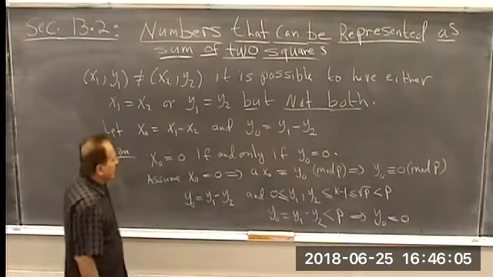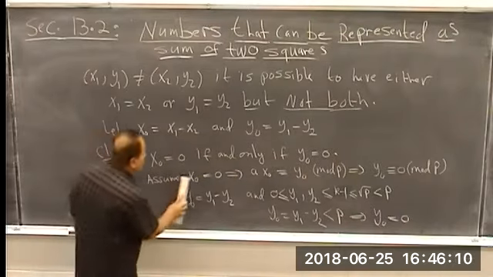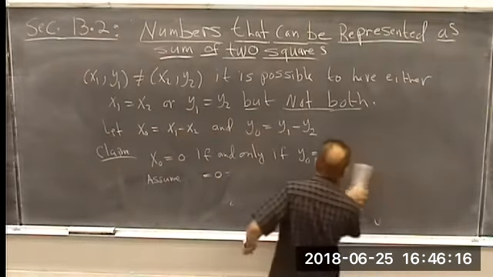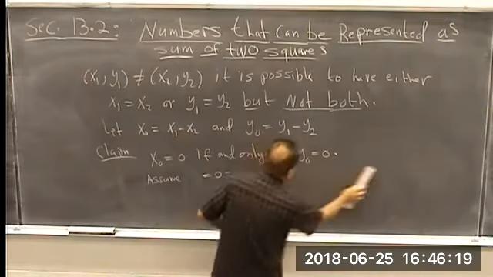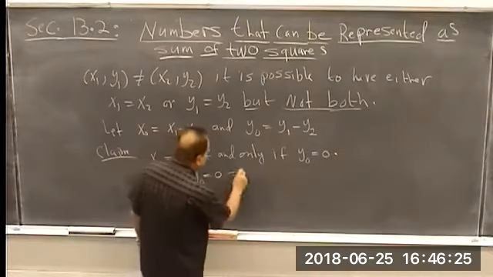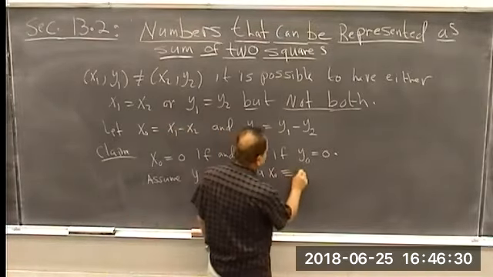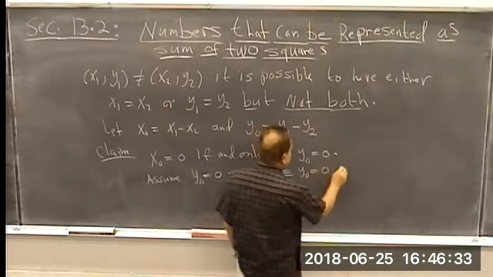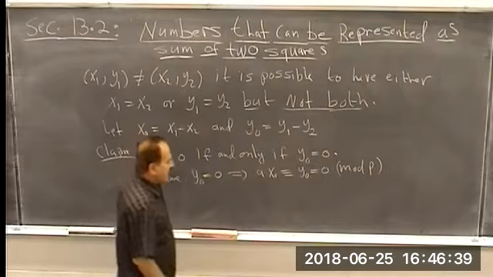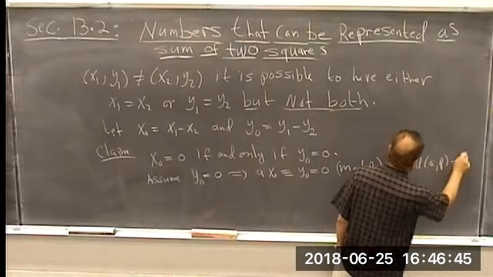On the other hand, if we assume y sub 0 is equal to 0, this implies that a x sub 0 is congruent to y sub 0, which is equal to 0, mod p. And we know that the greatest common divisor of a and p is equal to 1.